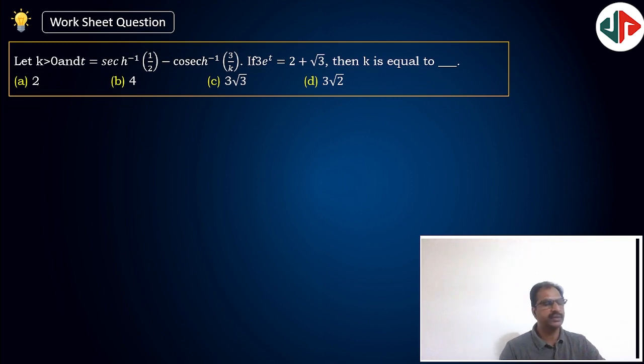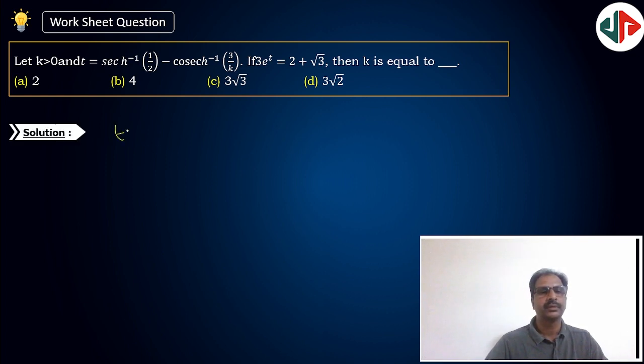Next question. Given that k is greater than 0 and t is equal to sech inverse of 1 by 2. We know the sech inverse x formula; in place of x, write 1 by 2. Log of (1 plus under root 1 minus x square) by x, that is 1 by 4 by 1 by 2.